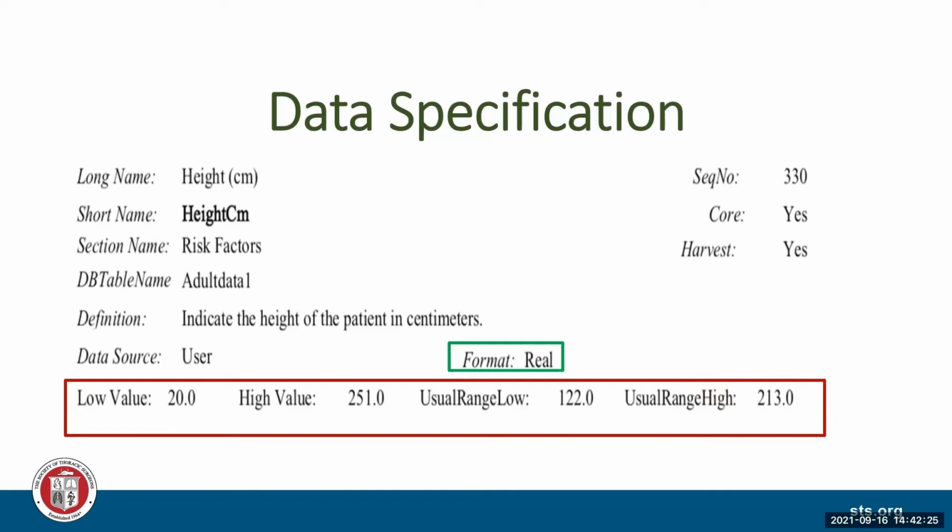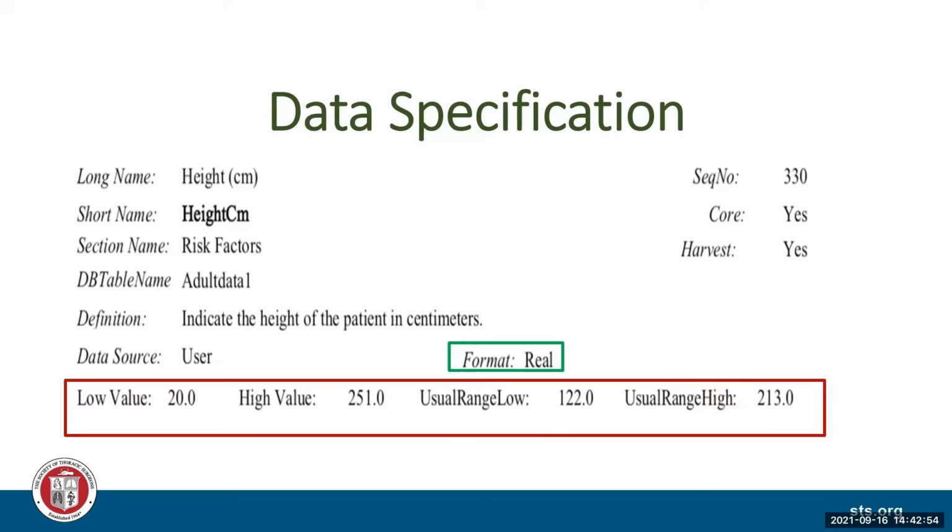Now the usual range and the usual high range. Okay. So this is a little different. So the usual low range is 122 and the usual high range is 213. So what does that mean? Well, that means if you have somebody that's 214 centimeters and you put that in the database, then you're going to get this little pop-up warning that says, hey, this is out of the usual range.